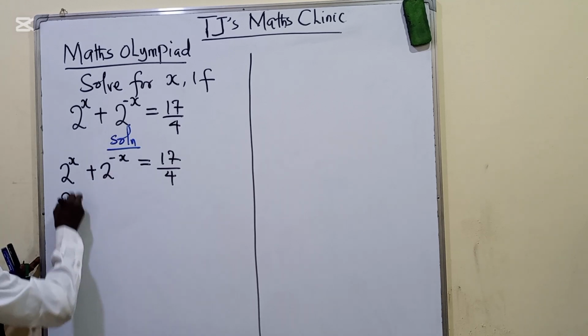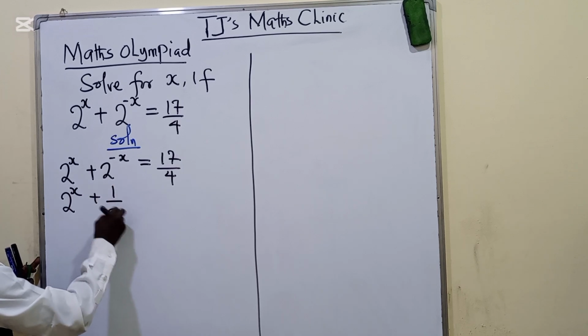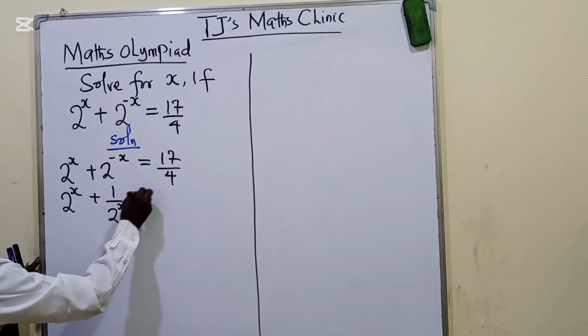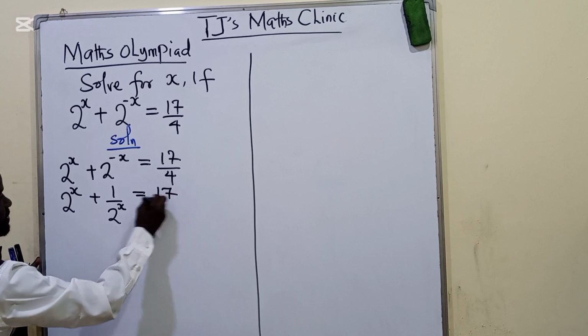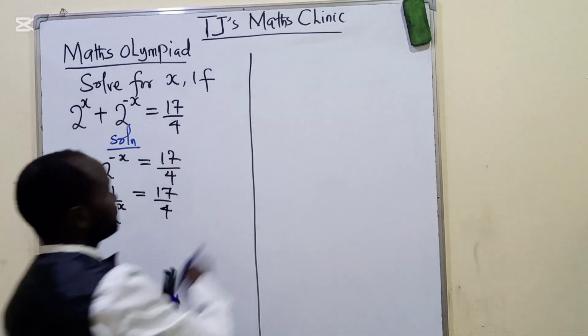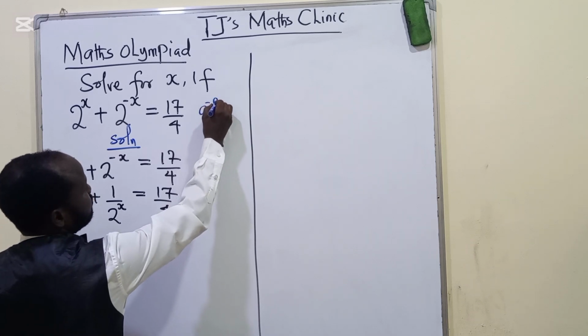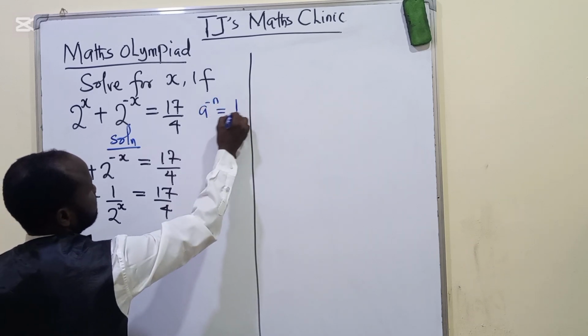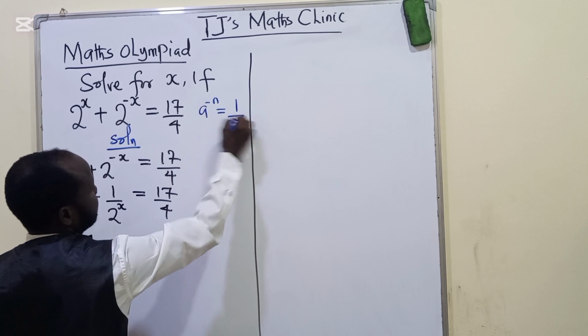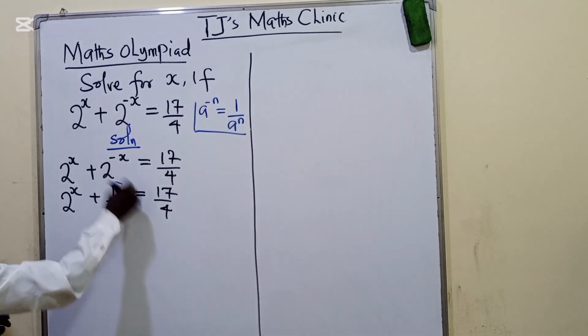This will now be 2 power x plus 1 divided by 2 power x equals 17 divided by 4. That is, a power minus n is the same as 1 divided by a power n. And this is the rule we have applied here.